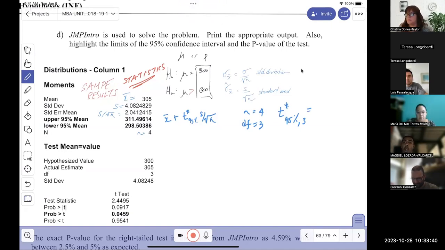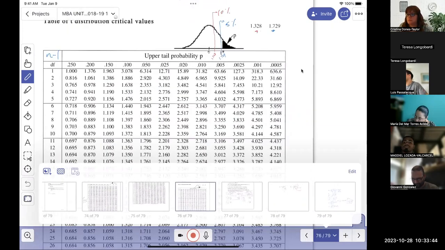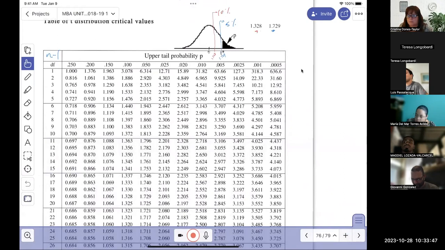Let's see. Let's go for the 95. So this is important. To be clear, these are the upper tails up here on the top. If you have a 95% confidence interval, what will be your upper tail? Should be here, right? 2.5. If it's 95% in the middle, then it's 5% outside, divided by 2 is 2.5. And then you go down to 3. So yes, 3.182.